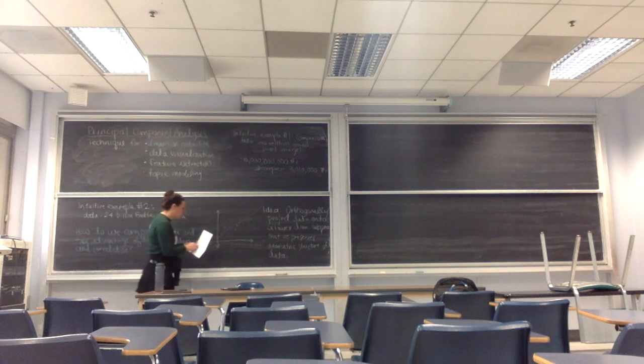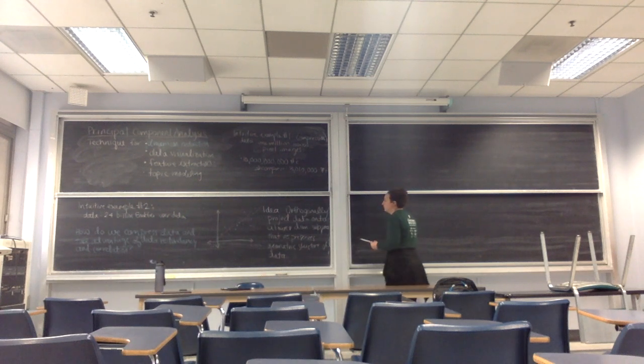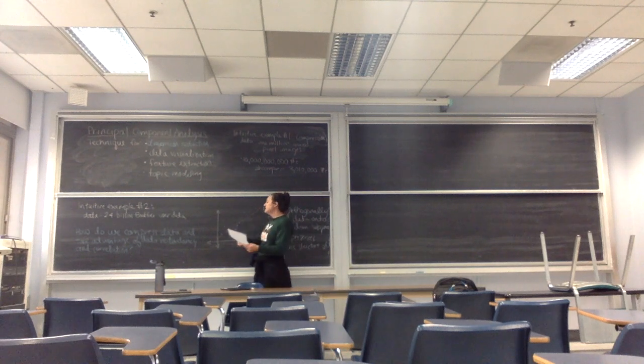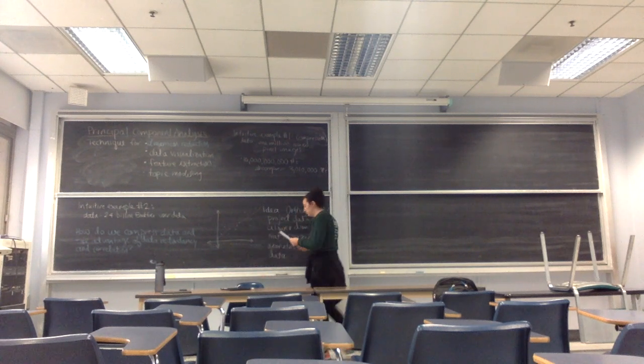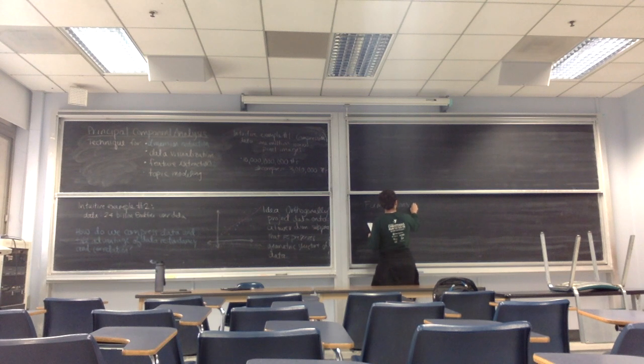Now there are two formulations of what I've just described, right? Trying to keep variation in the data and find a subspace that's collectively close to all of the data. So the formulations are these two.